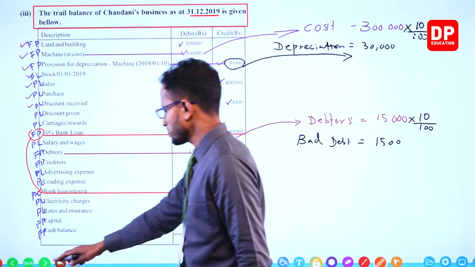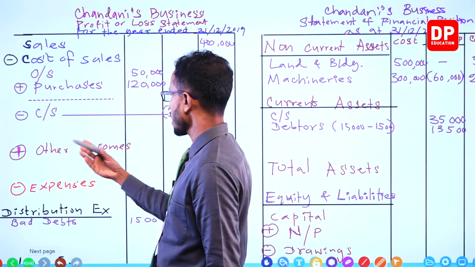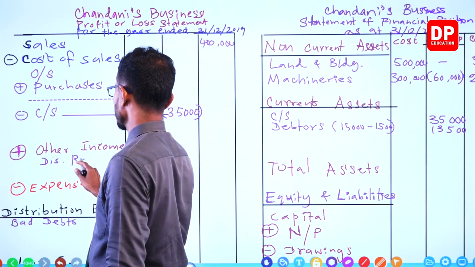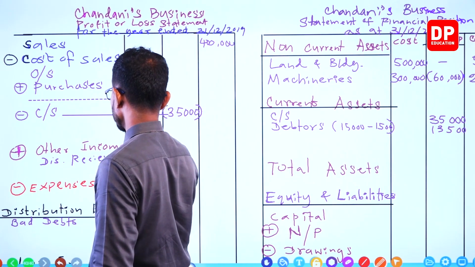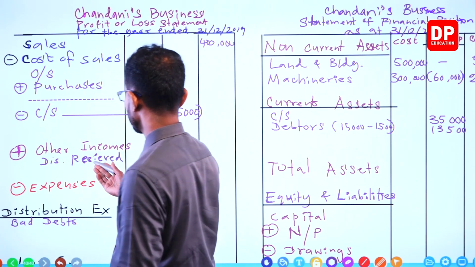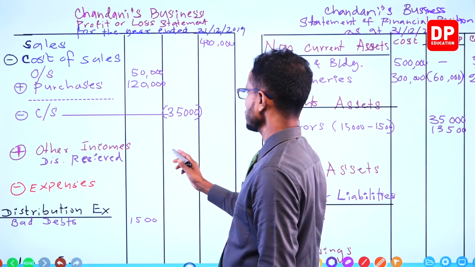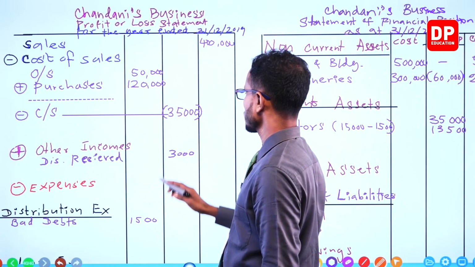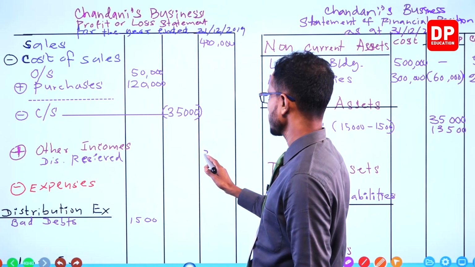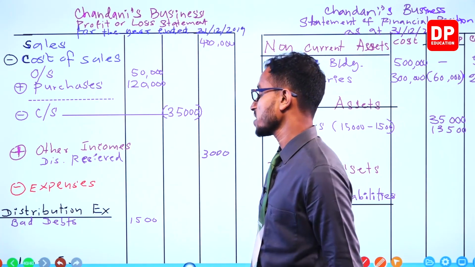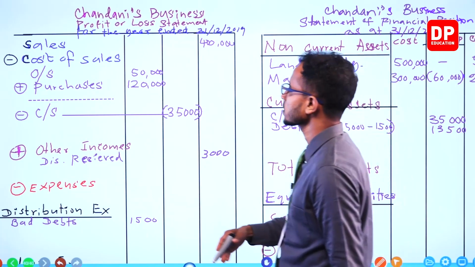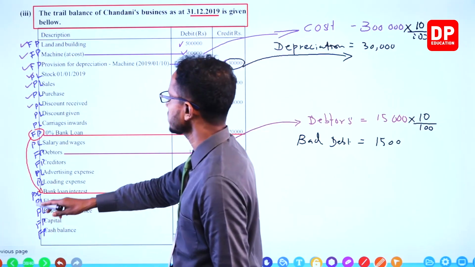In the profit or loss statement, under other incomes, discount received, 3,000. Since only one income is there, you should add it to gross profit. So discount received goes to the third column. Done. Tick it.